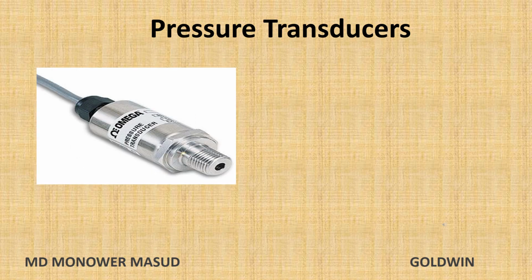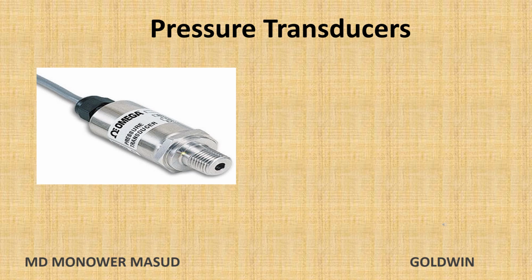Pressure transducers. Working principle. A pressure transducer converts pressure into an electrical signal. Depending on the design, it may use piezoelectric crystals, strain gauges, or capacitive elements to convert mechanical pressure into an electrical output.